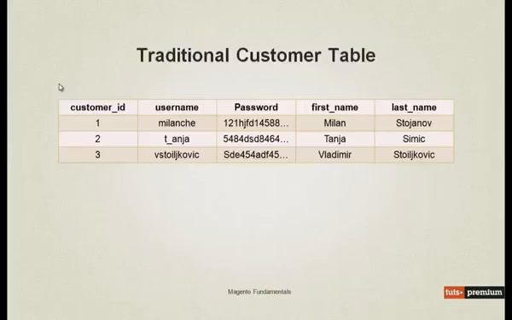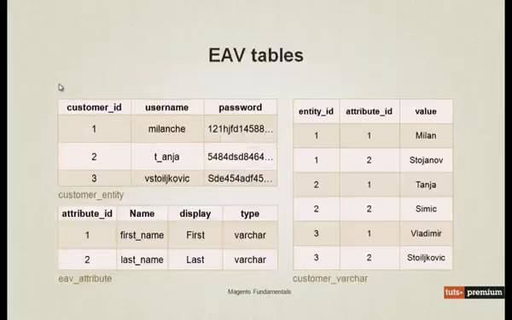The traditional model could be replaced by EAV having three tables. In the first table, we have our entity with basic or scopeless data, which is always required. Then we have information about attributes, which is kind of meta information about the entities.